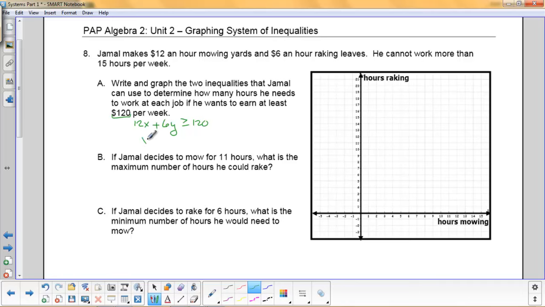We're also going to look at his time constraints because he's restricted to working less than 15 hours a week. So we've got to make sure that we understand how these inequalities look based on the words that are written in our particular problems. So please pay attention to those very specifically.